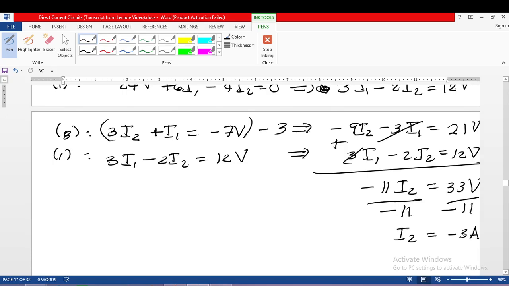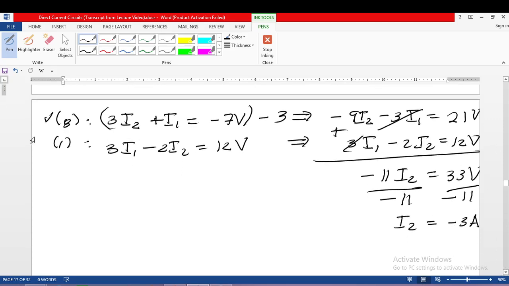So una pa lang, your I2 is now negative. So anyway, just proceed with the negative. Okay, so just like what I said, then use again either equation 3 or 1 to find I1. Okay, so I will just use equation 3.